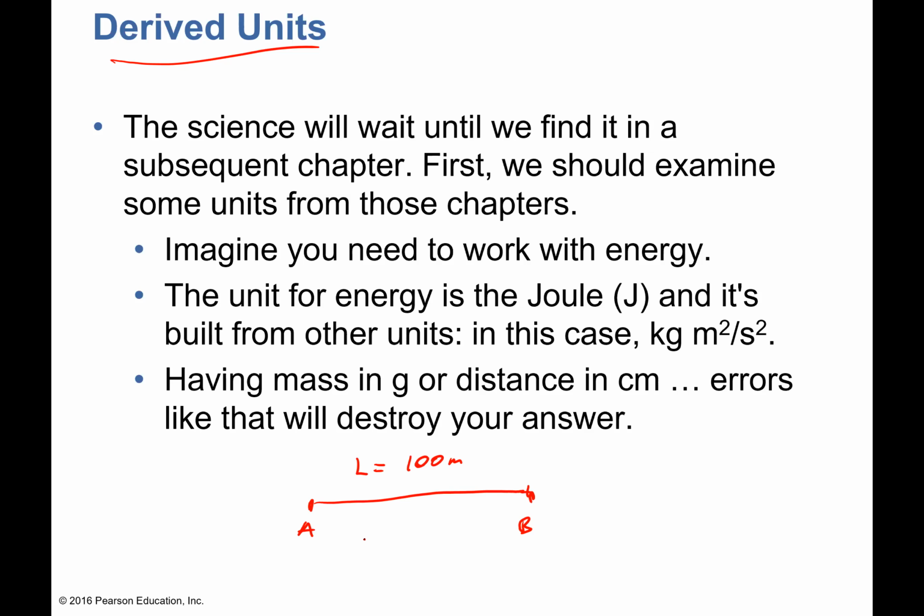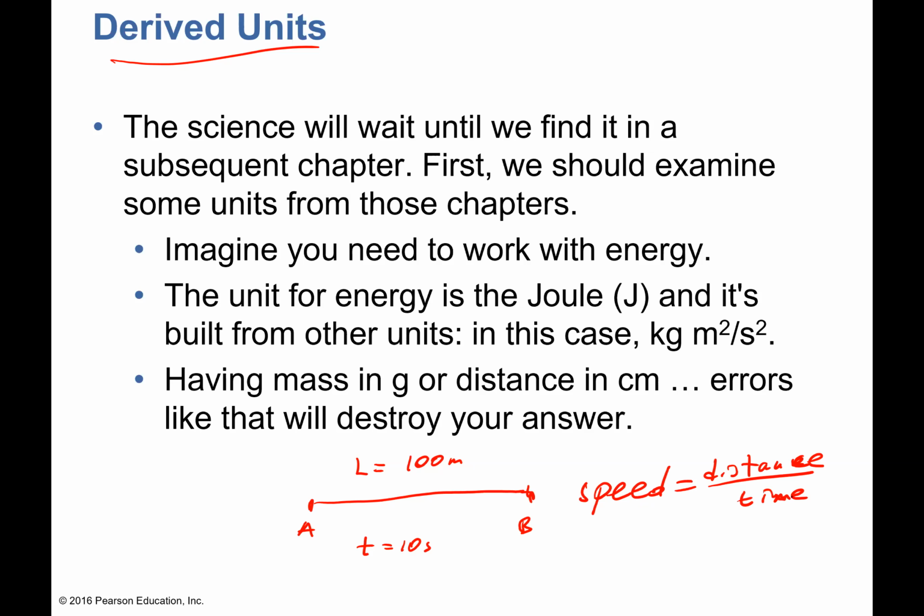Let's say it took us 10 seconds to go from A to B. Those are two measurements, length and time. We can use this to solve for velocity or speed. Let me do speed, because speed just gives you how fast you're moving without any direction. Speed here is distance over time.